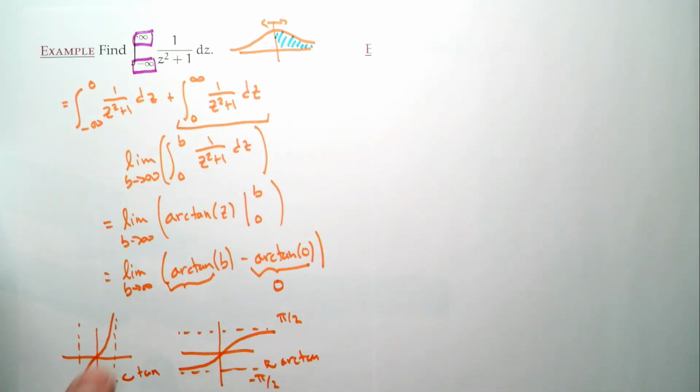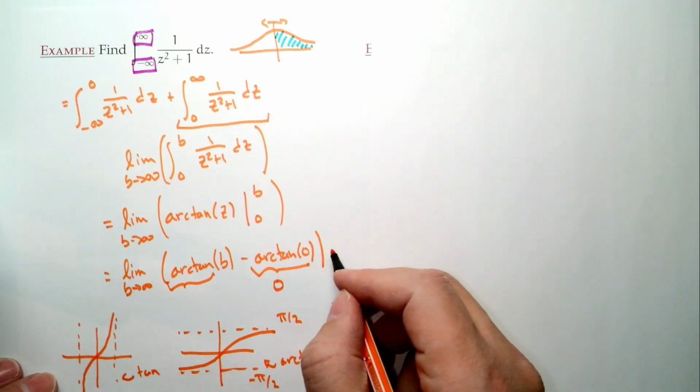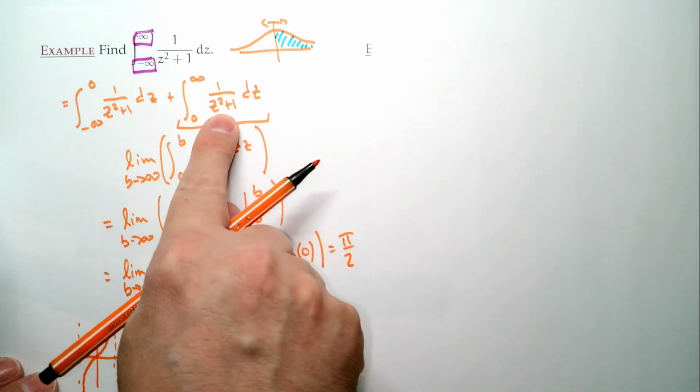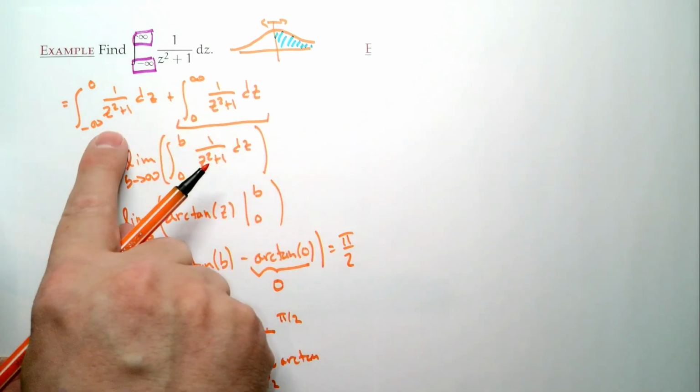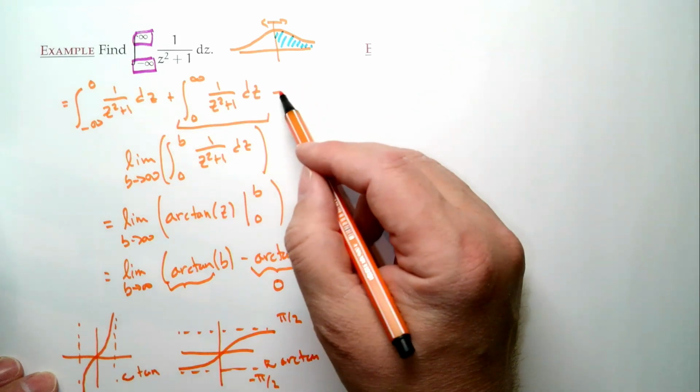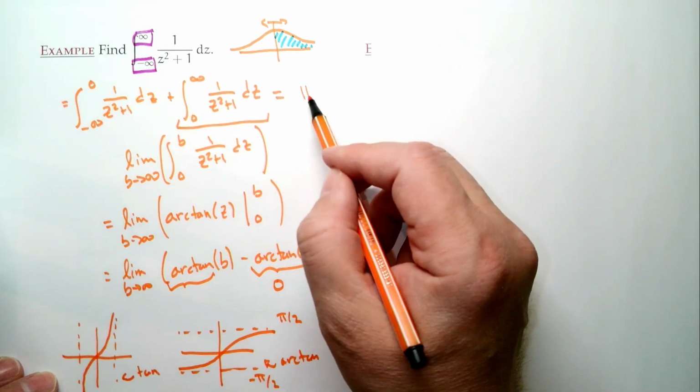In particular, as I head off to infinity, arctangent goes to pi over 2. So this limit is pi over 2. Which means that if we take this integral, which is pi over 2, by symmetry, this integral is going to be the same. We put them together, what do we end up with? Pi.